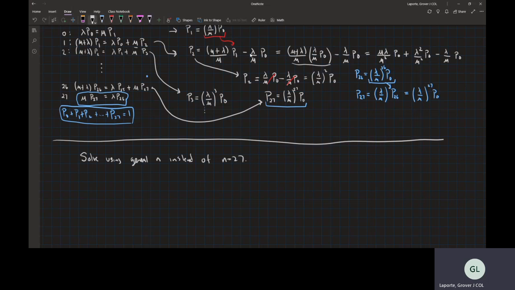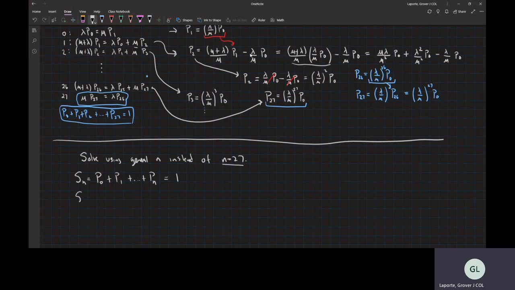So I'm not going to solve it for the 27th one; I'm going to solve it basically in general. I'm going to set Sn equal to, if I had n equals 27, then I would have 28 states here, and P1 plus dot dot dot plus P27. Oops, I'm doing it for n. I would have n of these, and we know all of those would add up to 1.